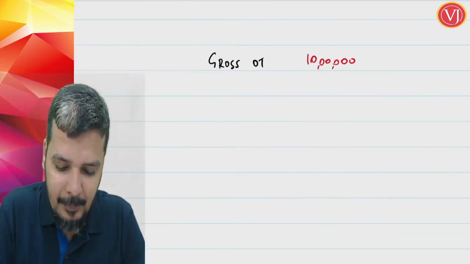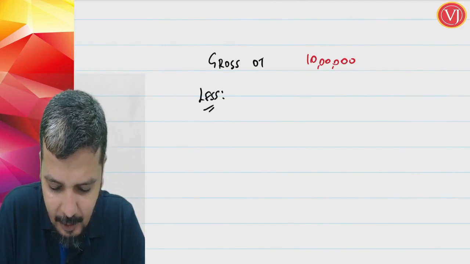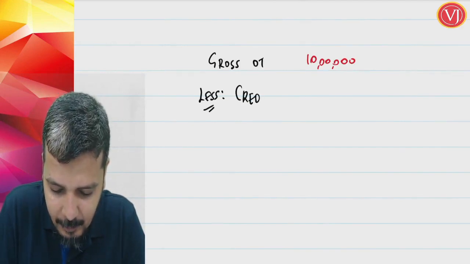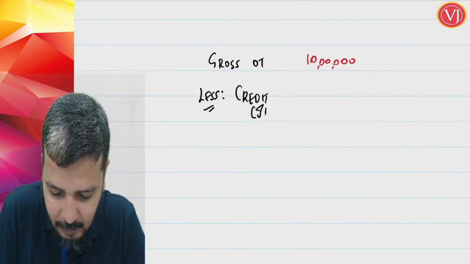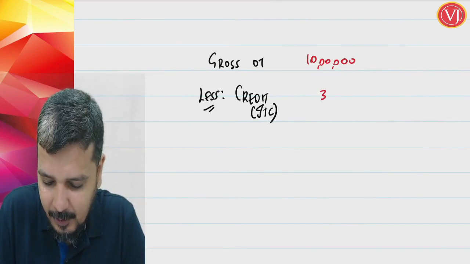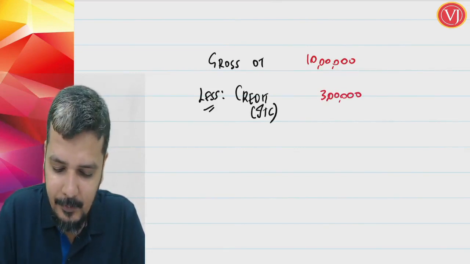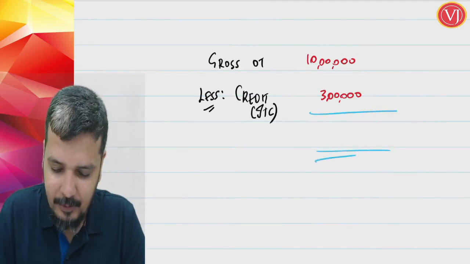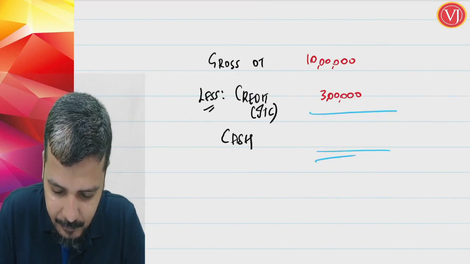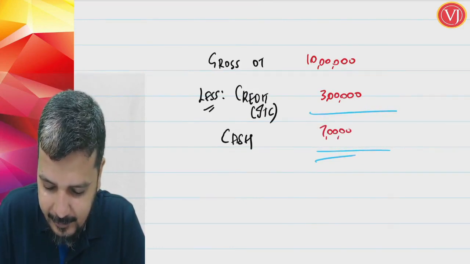Now, when you pay that gross output tax liability, the first thing that you will do is pay by your credit. Whatever credit balance, input tax credit, that is ITC, you have, you will pay that. Let us assume that you have ITC of about 3 lakhs. Now only the balance portion you are going to pay by way of cash. So that would amount here to 7 lakhs.